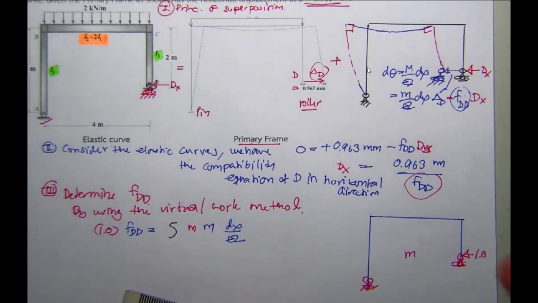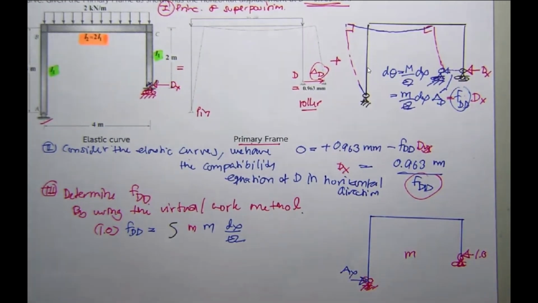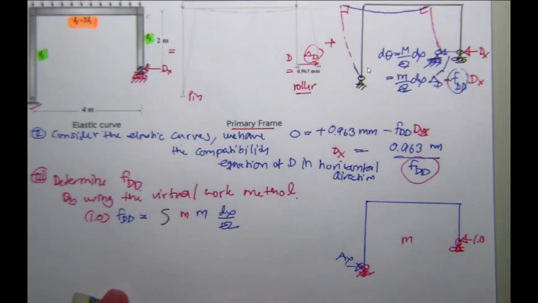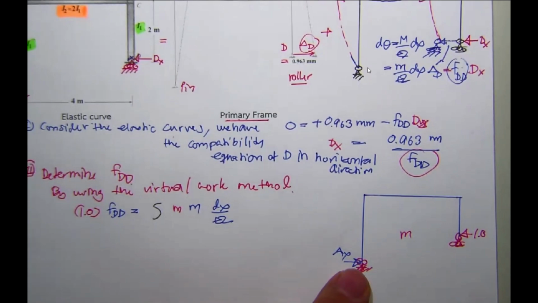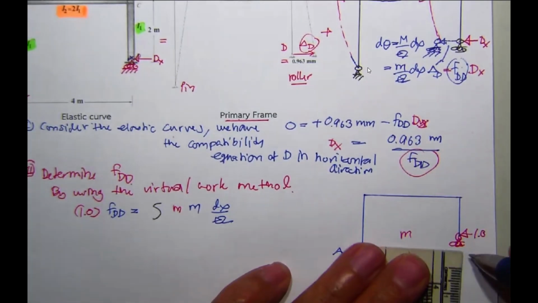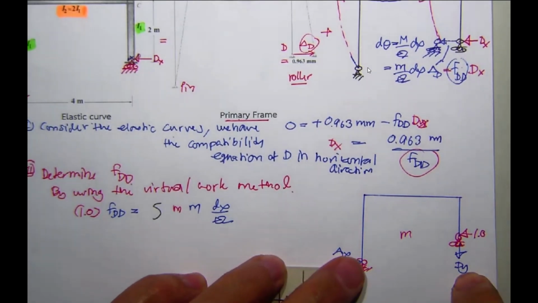This is upon what we have here. You should have this one for A sub x, and you also have the force located here. I believe this one is supposed to be D sub y. D sub y. Why?